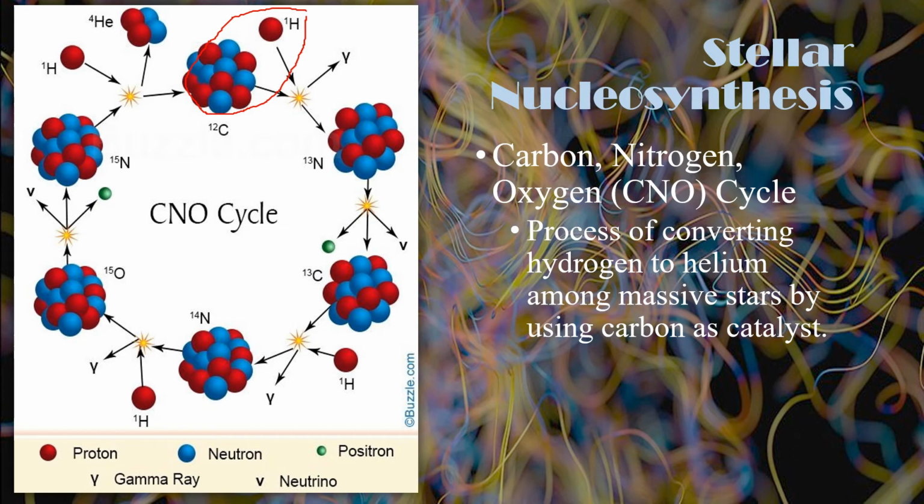From carbon, it is bombarded with another hydrogen that produces gamma ray in order to produce nitrogen. Since they are unstable, there is another reaction that produces what we call a positron, a neutrino, and carbon-13.